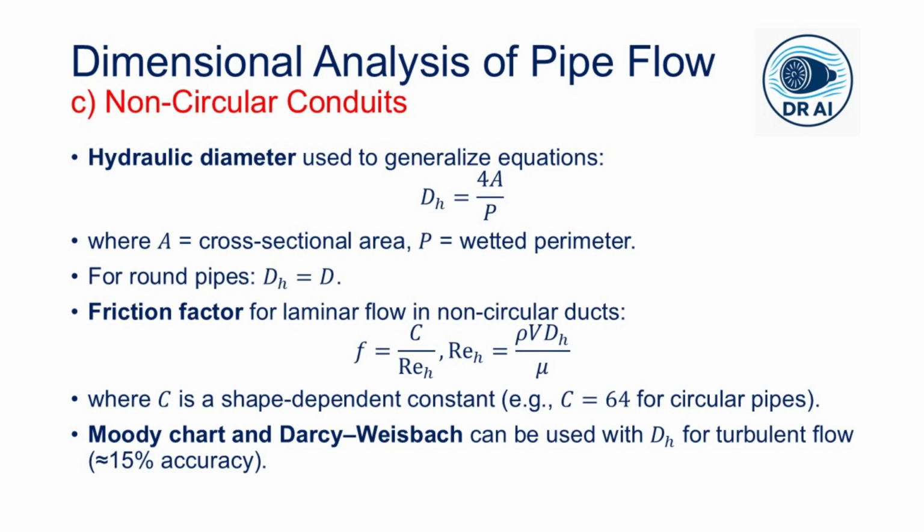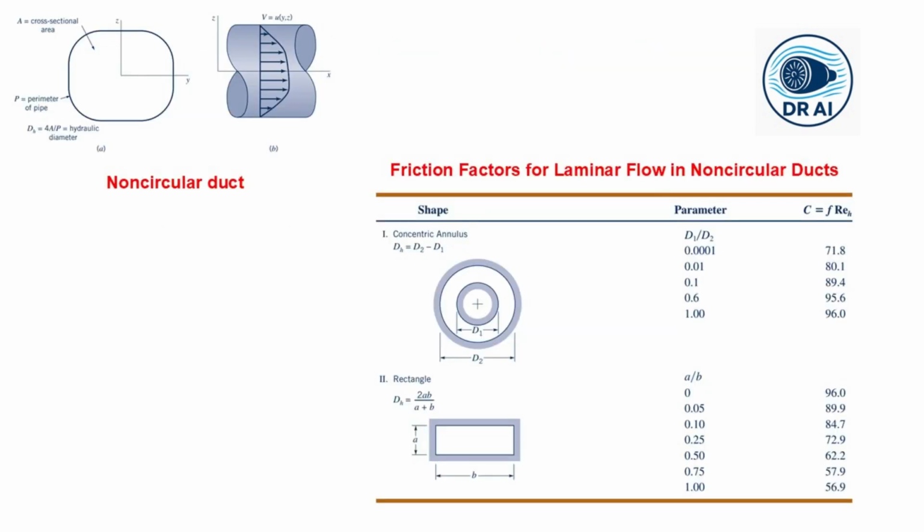For laminar flow in non-circular ducts, the friction factor can still be written as f equals C over the hydraulic Reynolds number, where C is a constant that depends on the shape, which can be found from the table as represented.